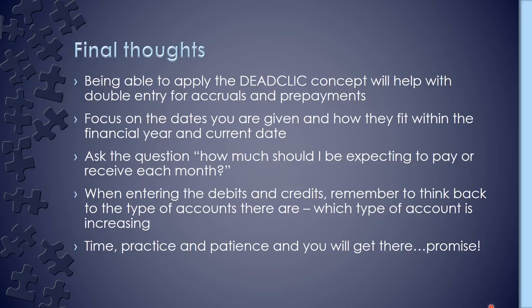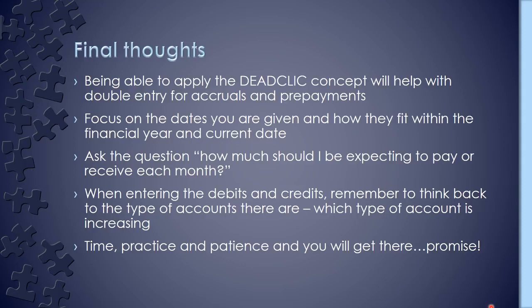Ask the question as well, how much should you be expecting to pay or receive each month? So that's the breaking down. The contract at £3,600 was for 6 months, so you know that you're only going to earn £600 per month. So know what you're going to be expecting to see, and that can help you sense check your answers as well.